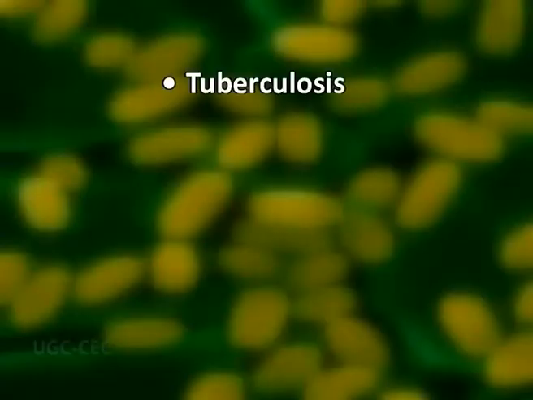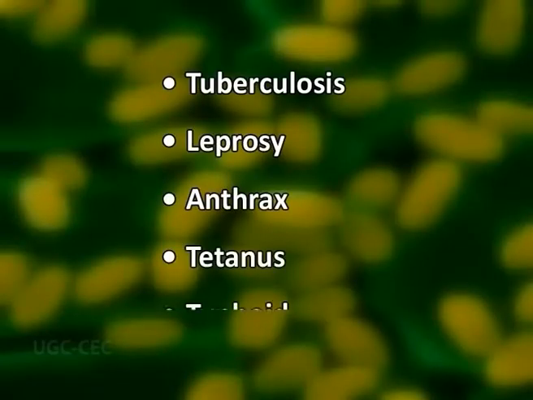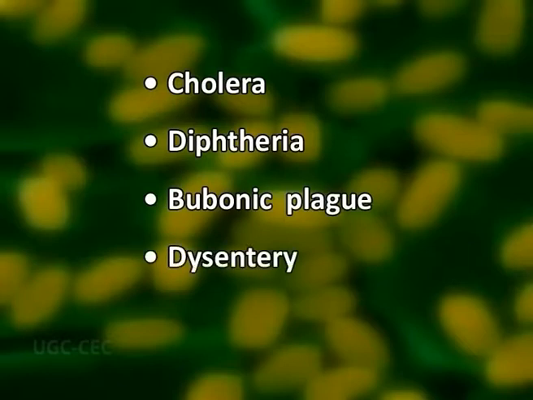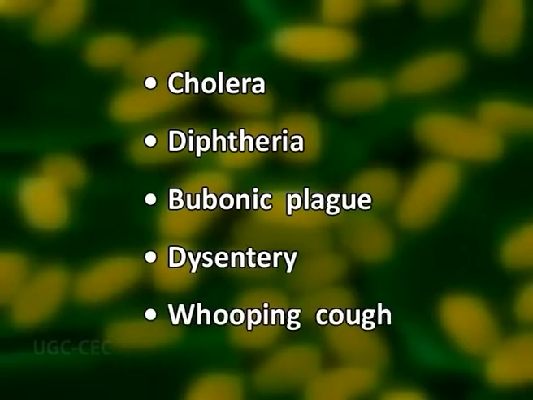The bacterial diseases which are very common in humans are tuberculosis, leprosy, anthrax, tetanus, typhoid, cholera and diphtheria, bubonic plague, dysentery, whooping cough and many more.